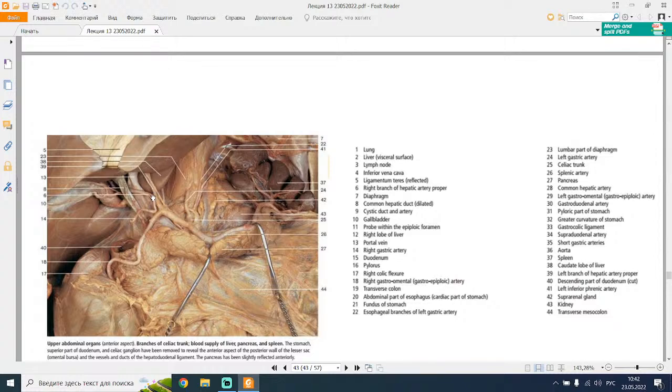This is arteria gastrica dextra. This is again arteria hepatica propria. This is arteria gastrica sinistra. This is truncus celiacus.